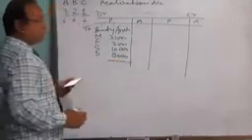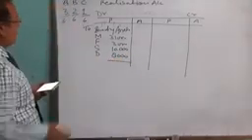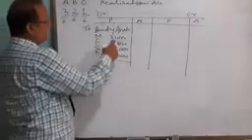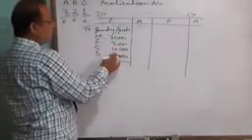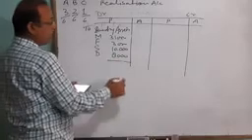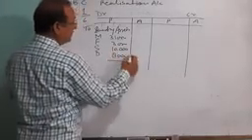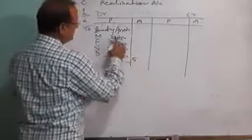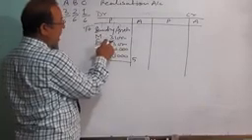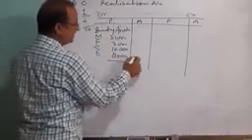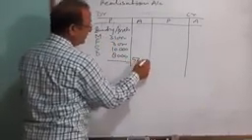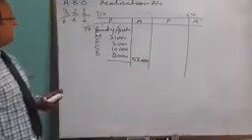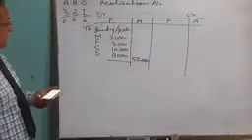Now you can write the total outside of the amount column. 31 plus 3 is 34, plus 10 is 44, plus 8 is 52,000. The total of all the assets at their book value is 52,000.